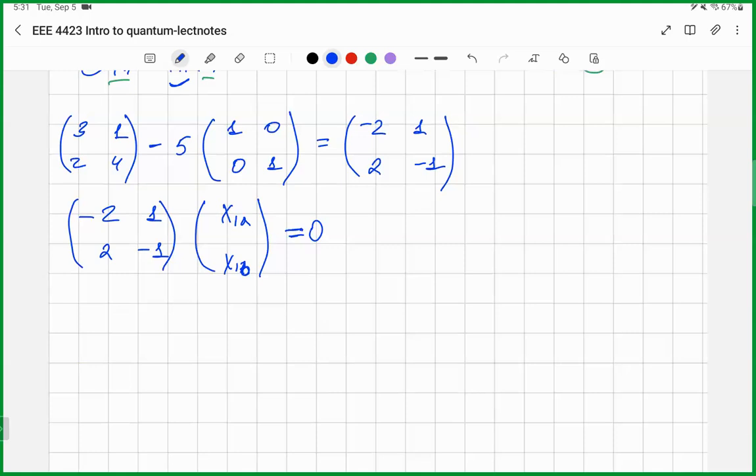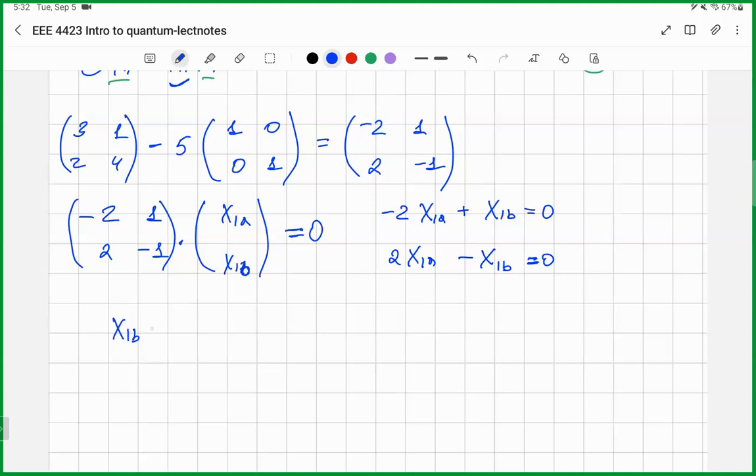All right, so we use the matrix rule for the product, which gives us minus 2 x1a plus 1 x1b equal to 0, and the second one is 2 x1a minus x1b. So the two coincide, they are the same, right? In this case, it means that for x1b we can take any number.